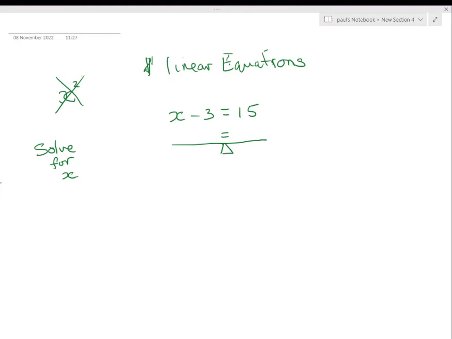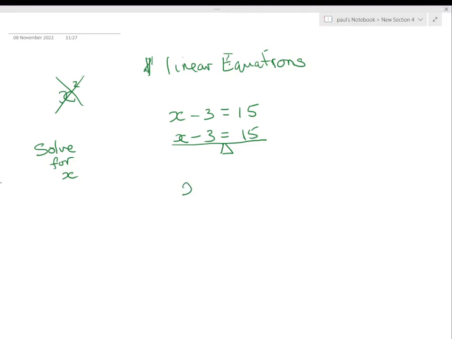There's the equal sign. So you've got 15 equals x minus 3. So it's a balance. So if you add, subtract, divide, multiply, square, square root, anything to one side, you must do the same to the other side.